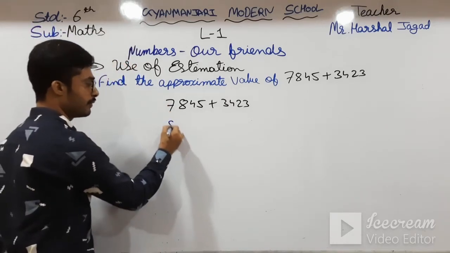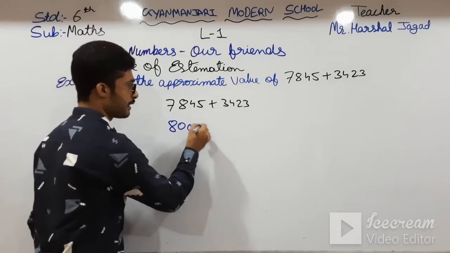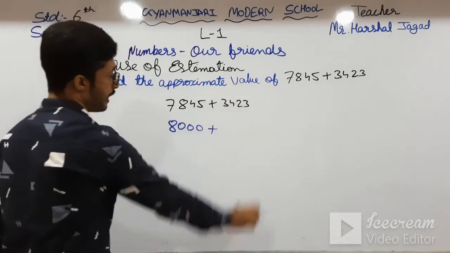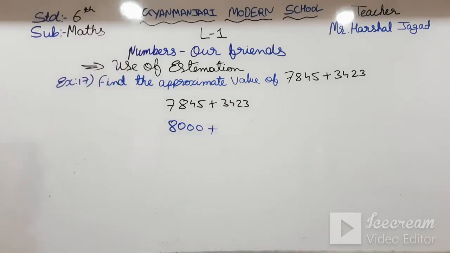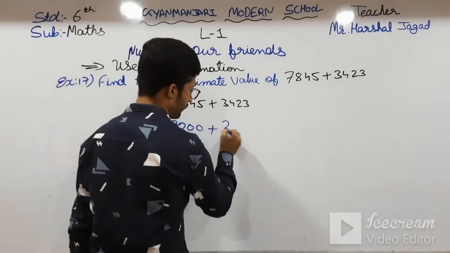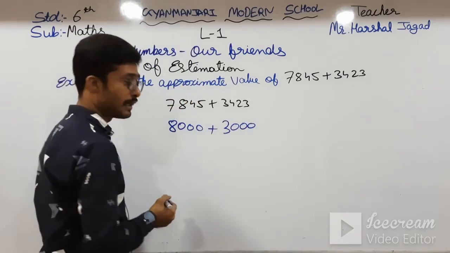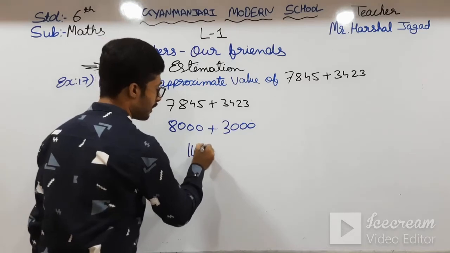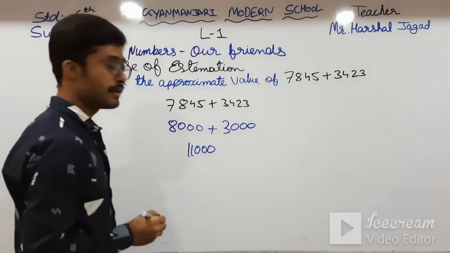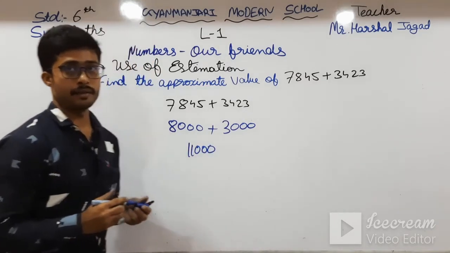It is near to 8,000. So what will we write here? This is near to 3,000. So 8 plus 3 is 11. The approximate answer is 11,000.